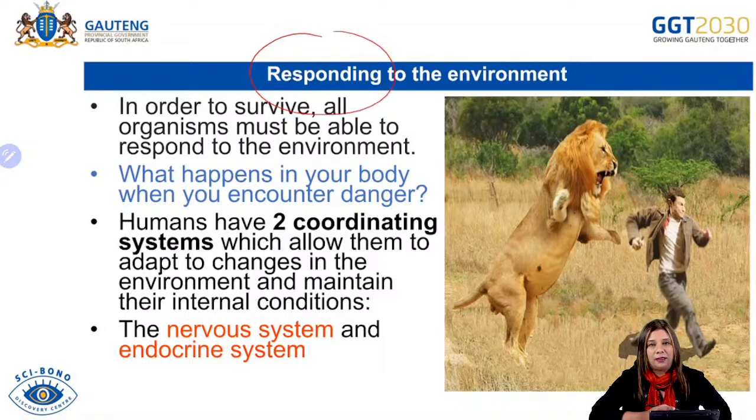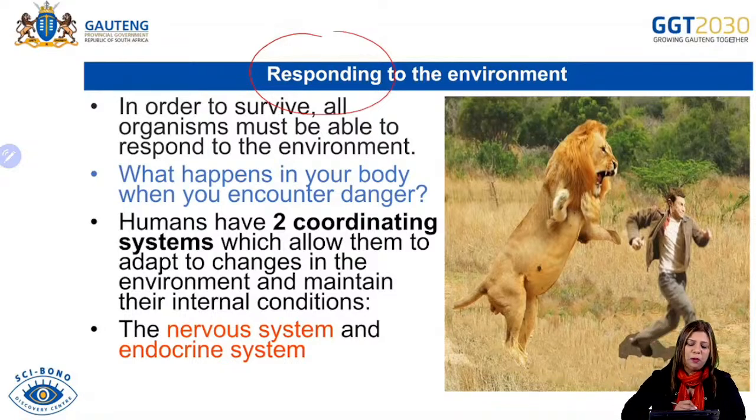So just in this situation where this gentleman is facing danger, because, look at that lion, the lion looks aggressive. So when we face danger in everyday life, our body has defense mechanisms to enable us to produce the right chemicals, to arouse our sense organs, to make us more aware so that we can react and coordinate our response to this. So now if we look at the coordinating systems that we have in our body, we have 2 coordinating systems, okay, which allow our body to adapt to changes in the environment.